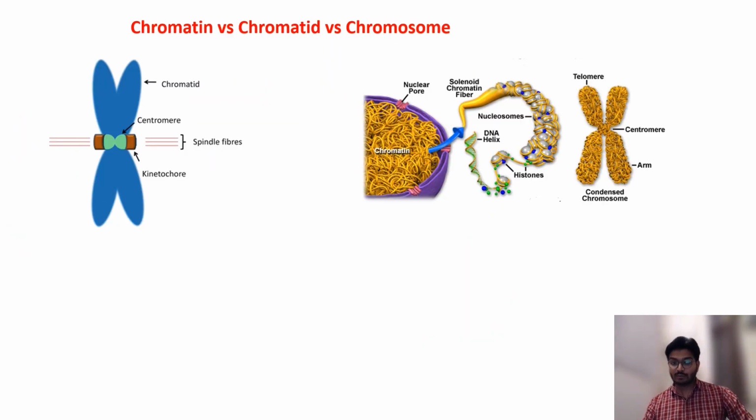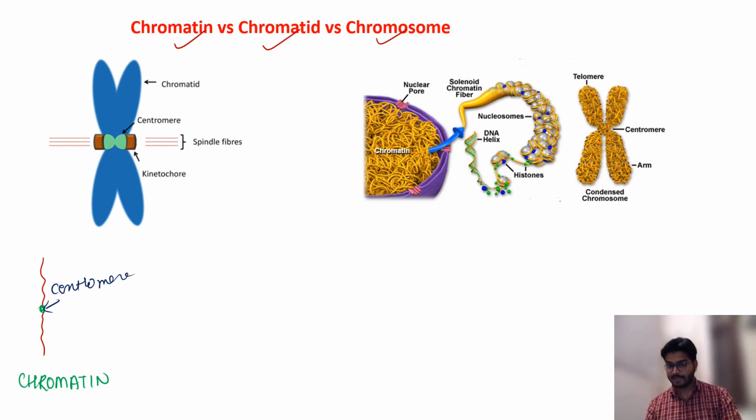Before proceeding further, we need to know something very basic: the chromatin, chromatid, and the chromosome. So what is chromatin? Simply a thin thread-like structure of DNA is your chromatin. This is the centromere.